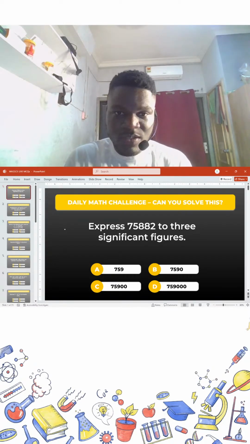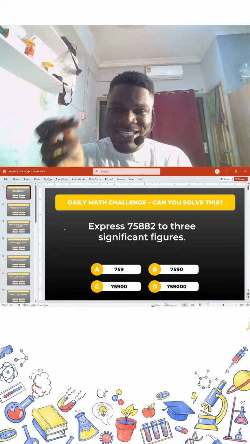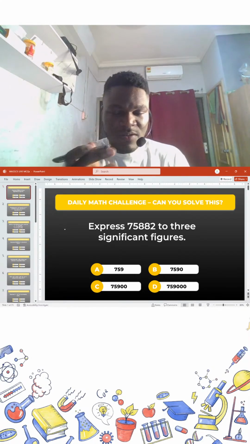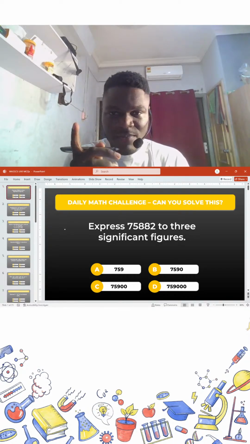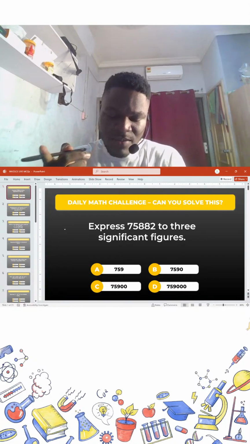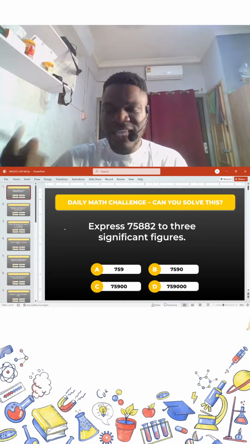Now that is because if you look at the expression that we have, 75882, counting from the left to the right, the 7 becomes our first significant number, the 5 becomes the second significant number, then the first 8 becomes the third significant number. After the third significant number, the number after that is 8.